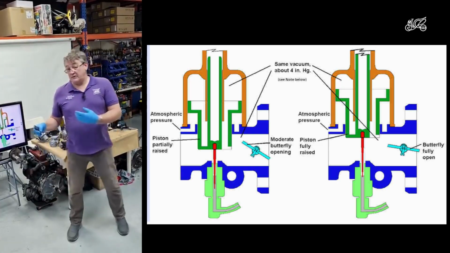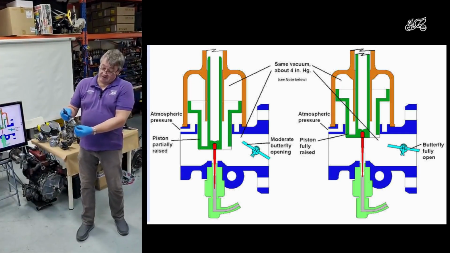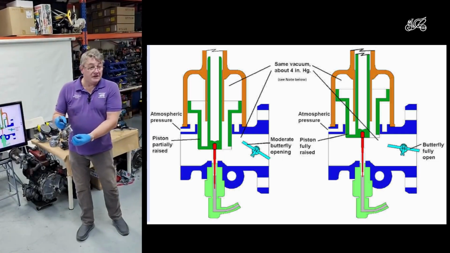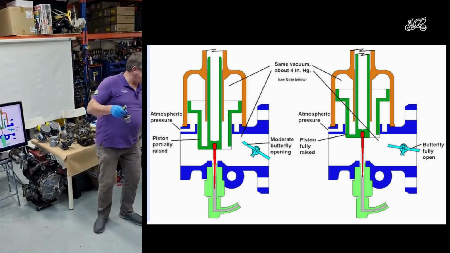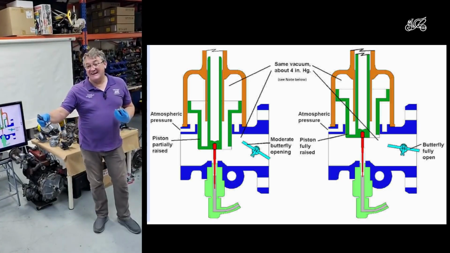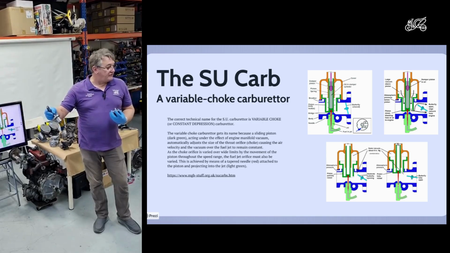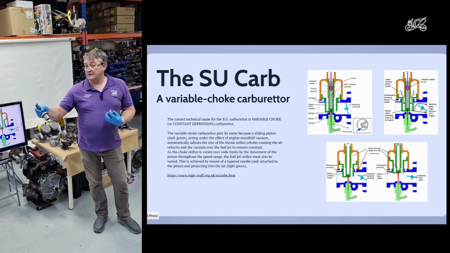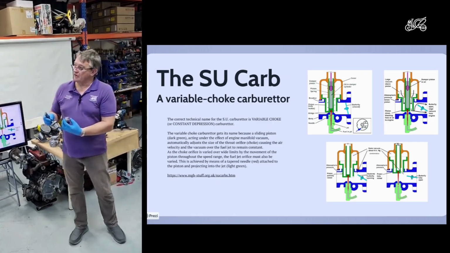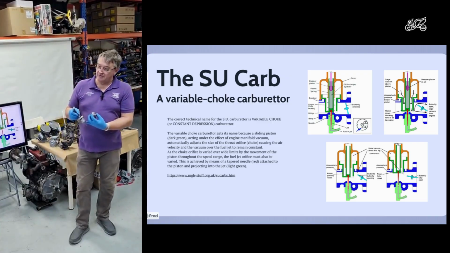And just like with Weber jetting, SU needles. There's thousands of different needles for different cars and different tunes, and there's various websites where you can look up. Each needle has got a 2-letter code.